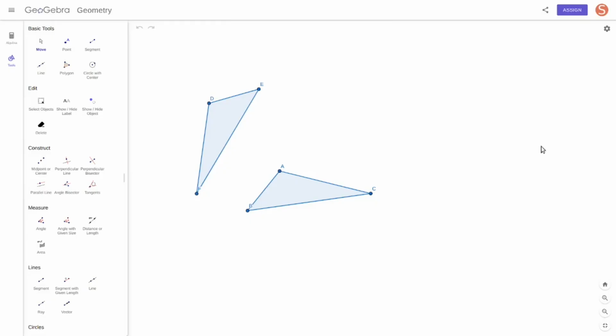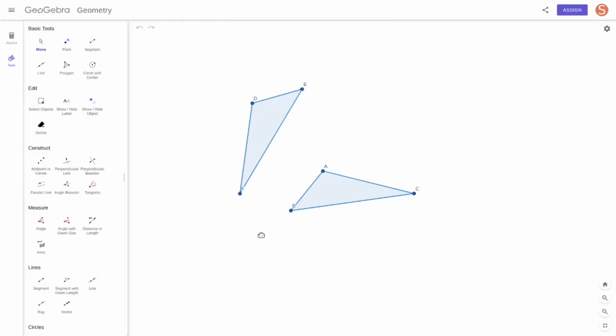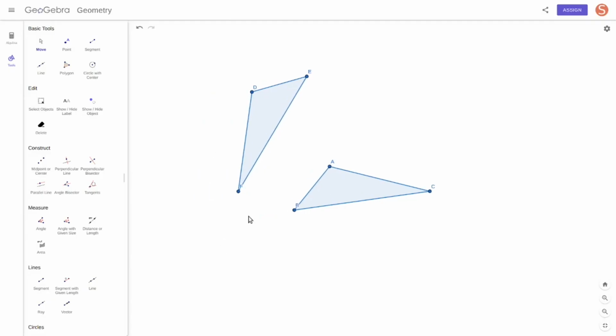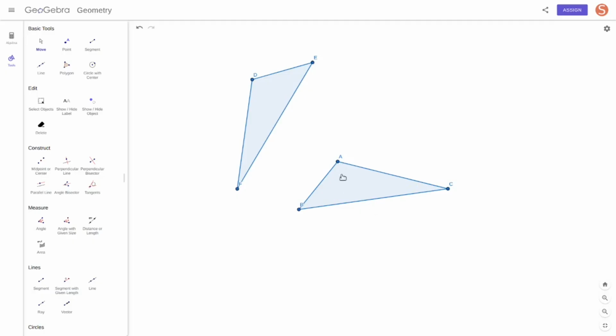Okay, so now let's do this again. In this example, I've arranged it so we need 3 reflections. So here I have ABC, it's congruent to DEF, and we're going to proceed the same way.